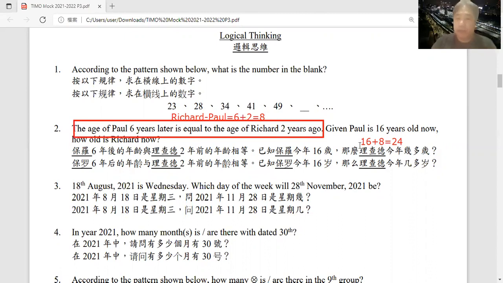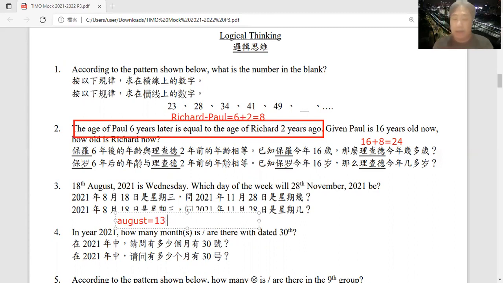Question 3. The 18th of August 2021 is a Wednesday. What day of the week will the 28th of November 2021 be? Because it's in the same year, we try to calculate how many days are between these 2 days. How many days are in August? 31. Now we are going from the 18th, so we have 13 days remaining.